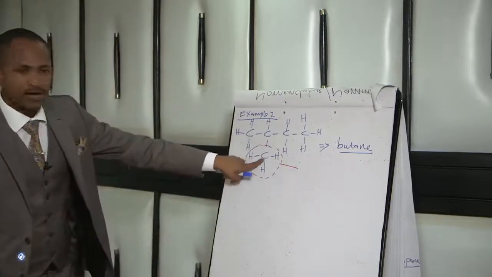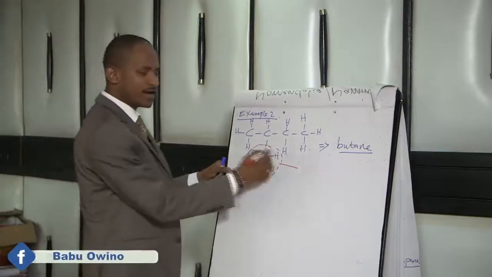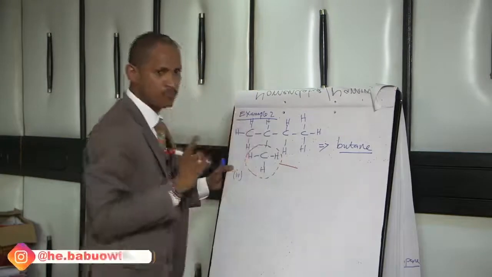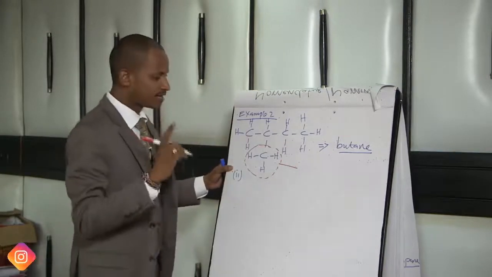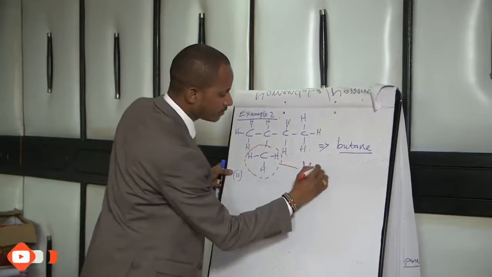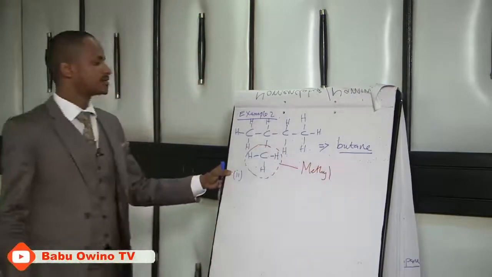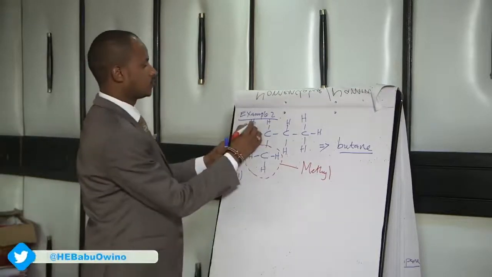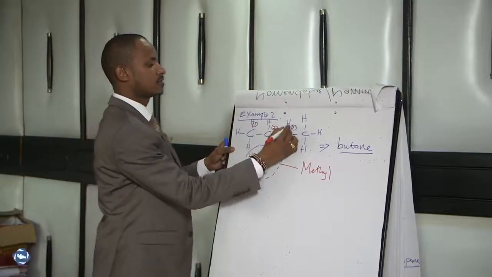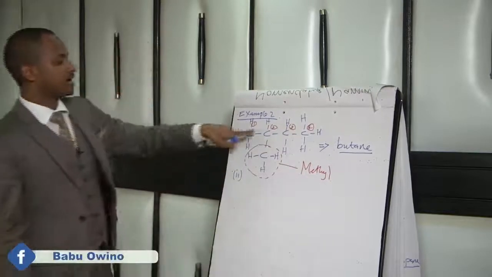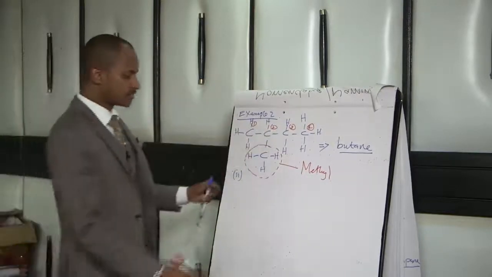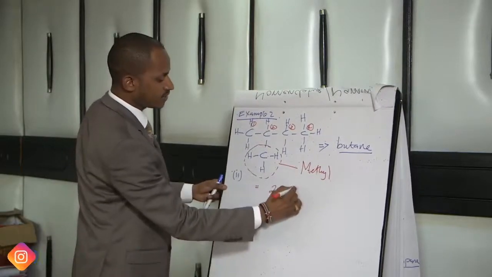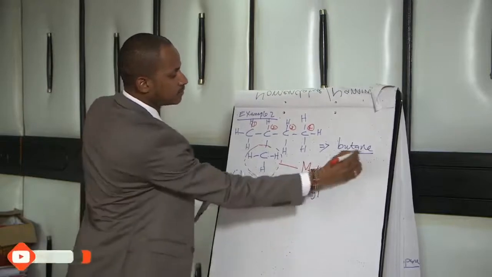So it is an alkyl group, an alkyl called methyl. Then the next step, identify on which carbon atom the branch lies. 1, 2, 3, 4. It lies on the second carbon atom. So when you collect them, you start with the number: 2-methyl butane.